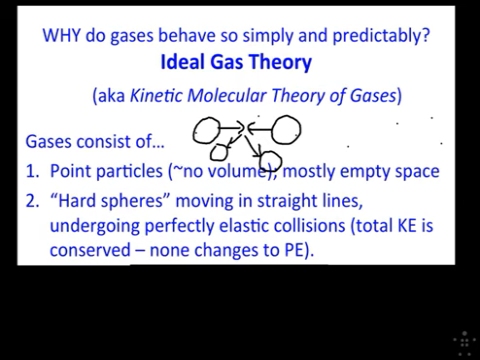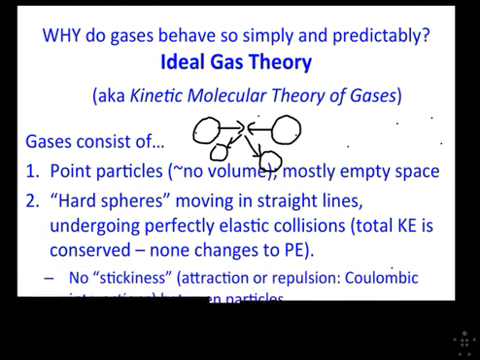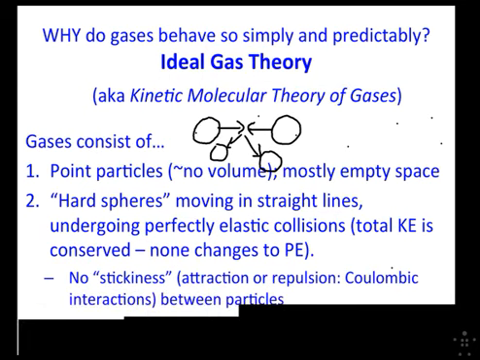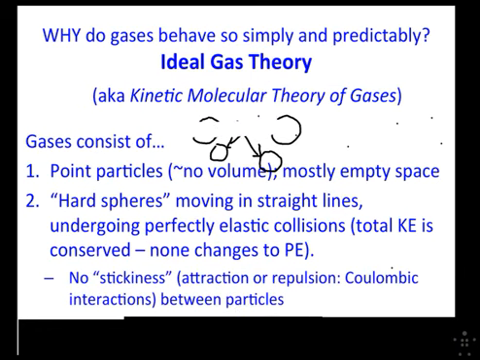And so the ideal gas theory says, okay, if something is a perfectly ideal gas, they don't interact at all. So they collide without sticking together, which is to say there's no attraction or repulsion between particles. And this also has the implication that as they move past each other, they don't feel each other.